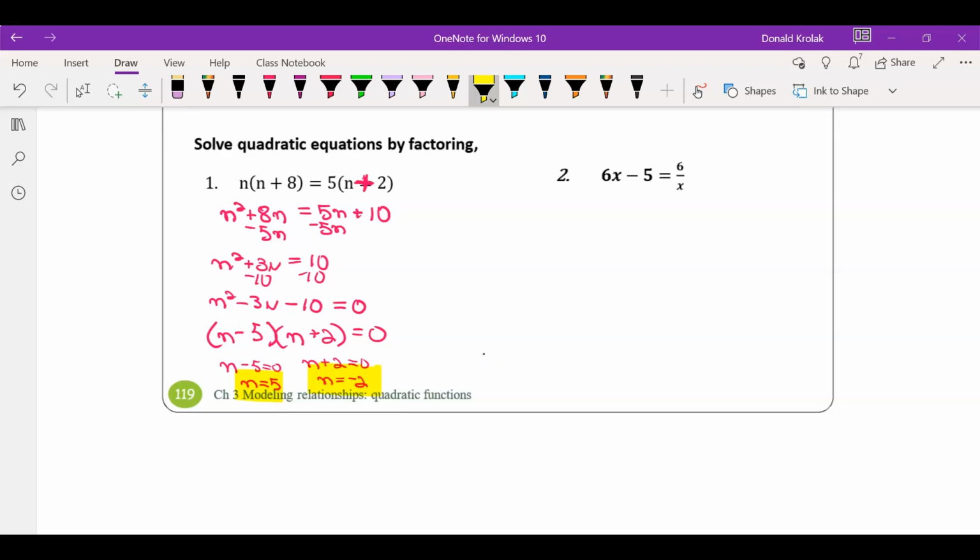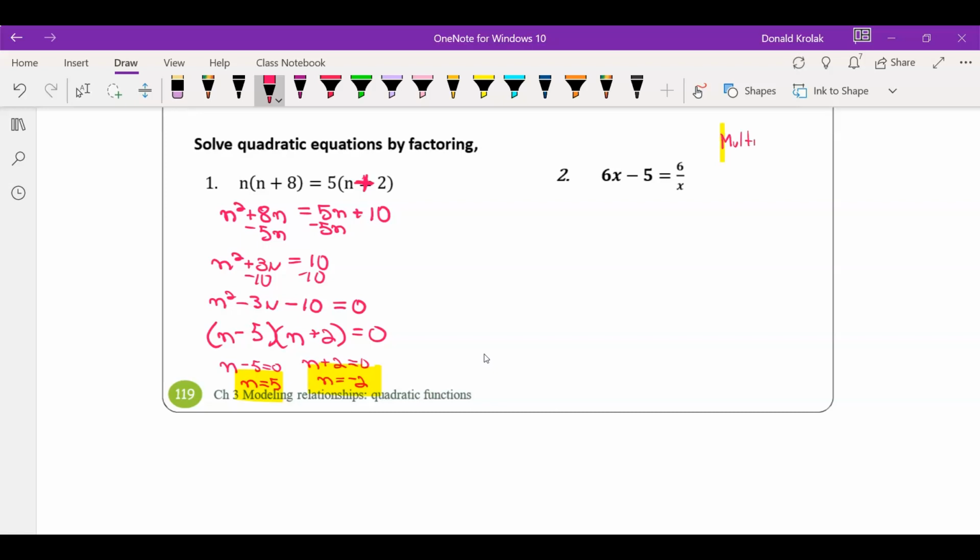Now what you have in the next one is a fraction. The easiest way to deal with problems with fractions in them is to get rid of the fraction. So we're going to multiply everything by whatever that denominator is.